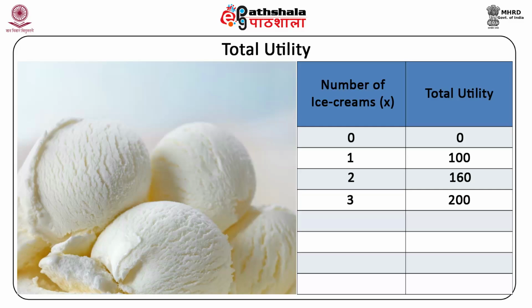Note that in this example, the consumer derives maximum total utility by consuming 5 units of ice cream per day, and consumption of the sixth unit does not give any additional utility. This is the point of satiation for the consumer, as thereafter total utility actually declines if more than 6 units of ice cream are consumed in a day. For example, the consumer starts feeling sick from having so much ice cream in a day.